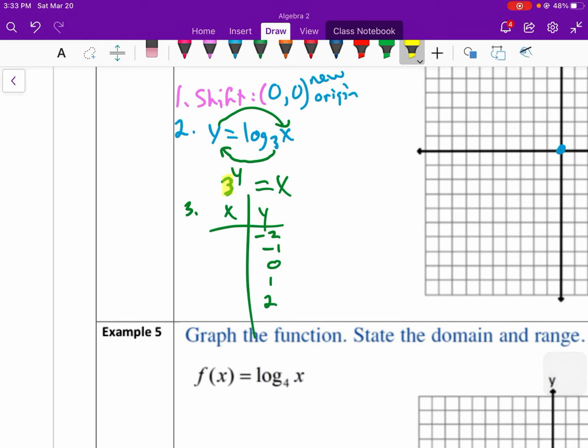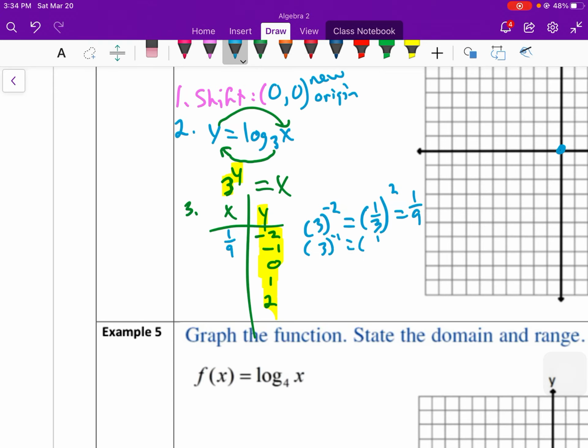Again, we're taking our base to that power of whatever y is. This is my y. So this becomes 3 to the power of -2. So this is pretty familiar. You take the reciprocal. This is 1/9. Well, since it's the inverse relation, it is my input there.